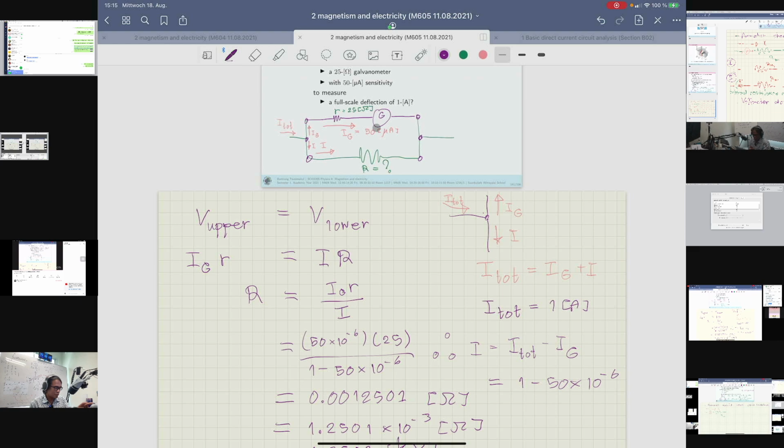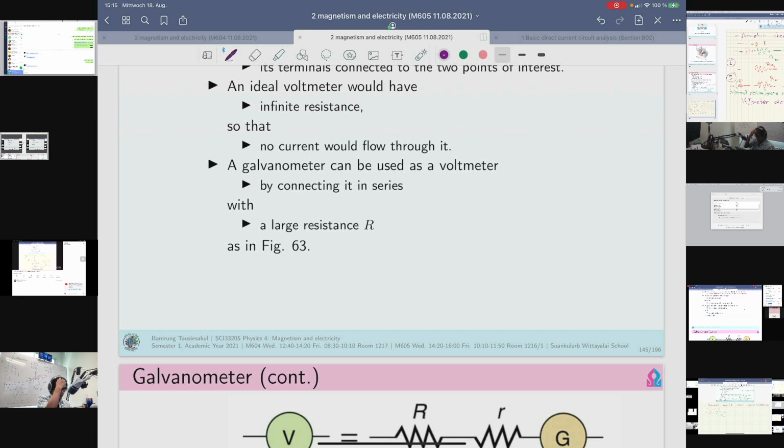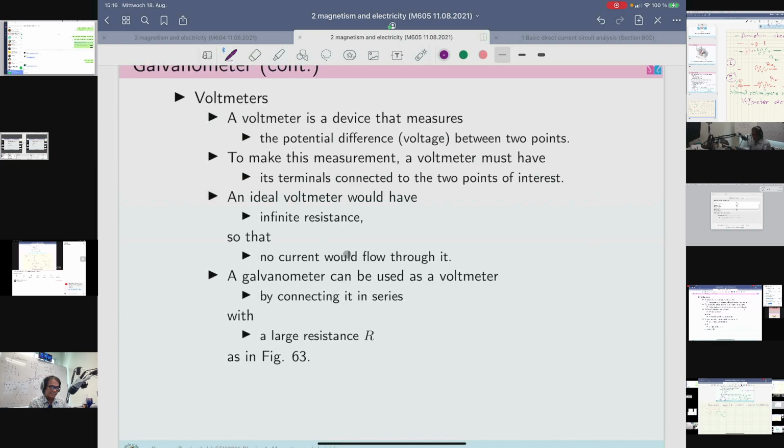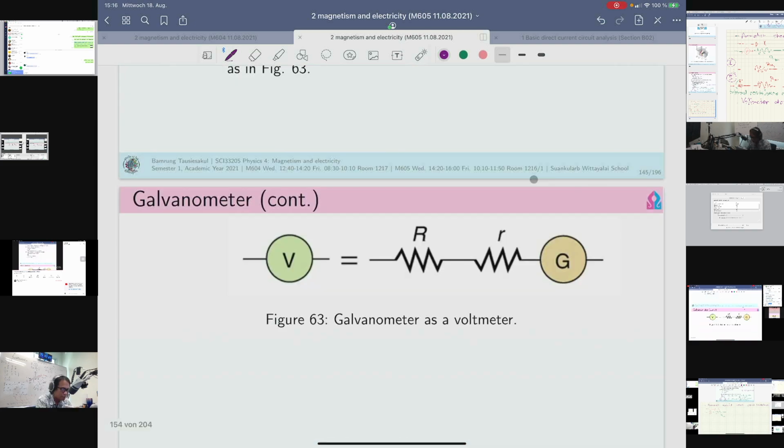We add another resistor into the branch so that we can obtain the voltmeter that can support a larger value of sustainable voltage. And this is the galvanometer, the part of the original galvanometer.